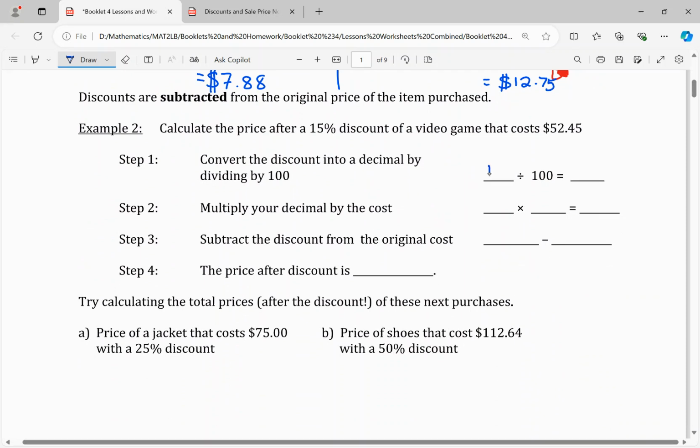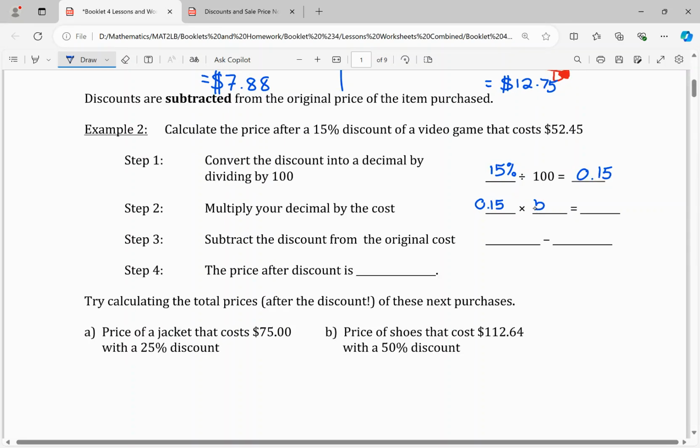So step 1, as usual, if I want to work with 15%, I need to write it as a decimal. That decimal is 0.15. Just like with the previous question, I'm going to take 15% as a decimal. I am going to multiply it by the price of the video game, $52.45.